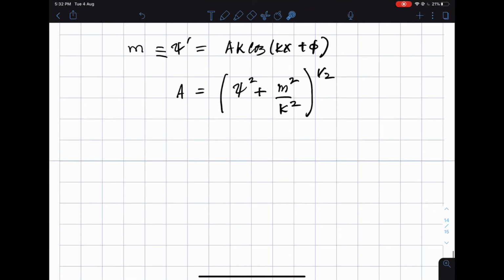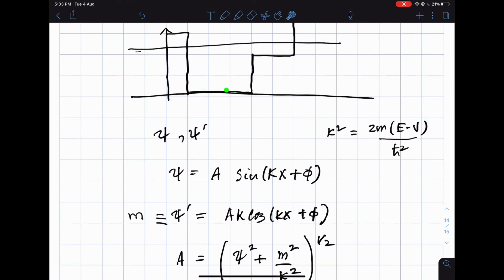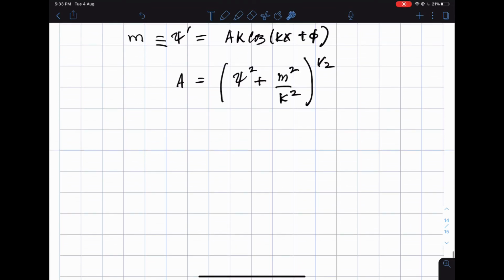Therefore k squared is not continuous across the jumps, and therefore A is not going to be continuous across the jumps. Moreover, the kinetic energy here is much bigger than the kinetic energy here because it's given by the difference of these two. And we saw that whenever the kinetic energy is large, A is smaller. And when the kinetic energy is small, A is larger, the amplitude is larger.